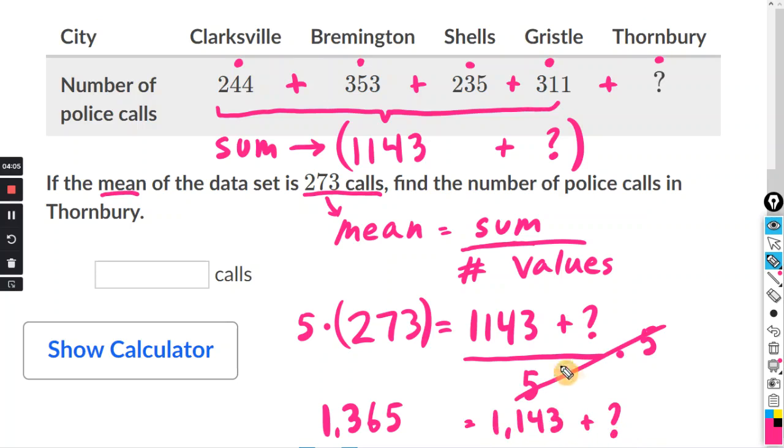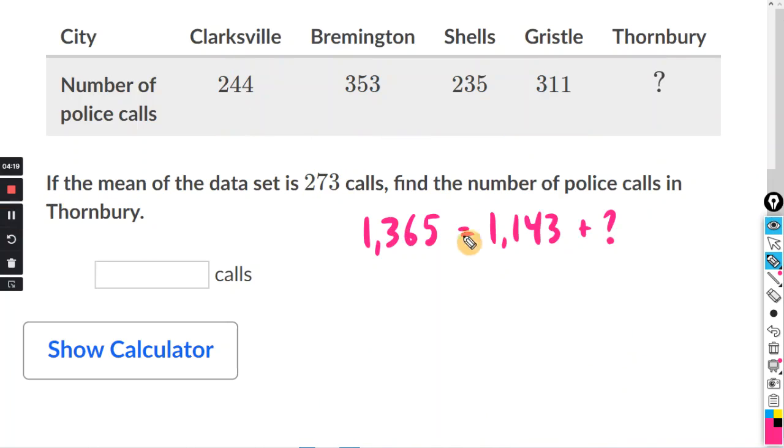Solving for the question mark, it's the same as solving for x. So I'm just going to subtract this from both sides. Let me erase and rewrite this right here. I just rewrote the last equation. Solving for question mark, same as solving for x, I'm just going to subtract 1,143 from both sides.